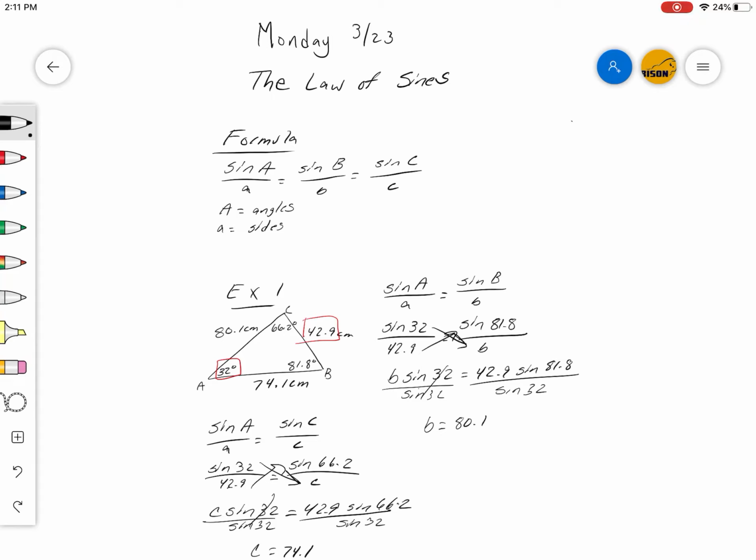Find a control. Like I said, you may have to do some subtracting from 180 to find the third angle if it doesn't line up. Find a control and then pick a spot that you want to solve for. So figure out whether you want to solve for B or whether you want to solve for C. And the way that you do that is based off of the information that you have. If you have both angles, just choose which one you want to do first because you're doing the same process twice anyway, so you can do it in whatever order you want.